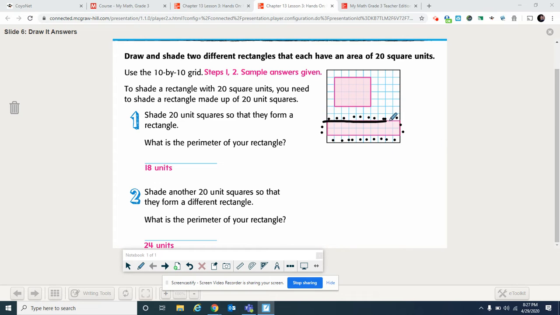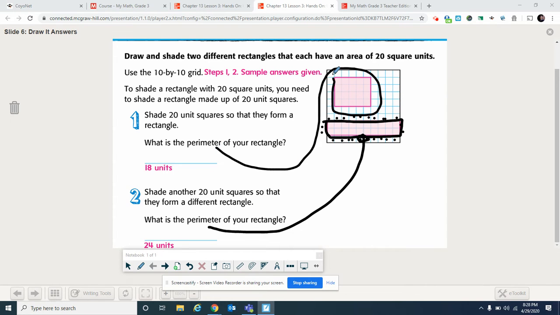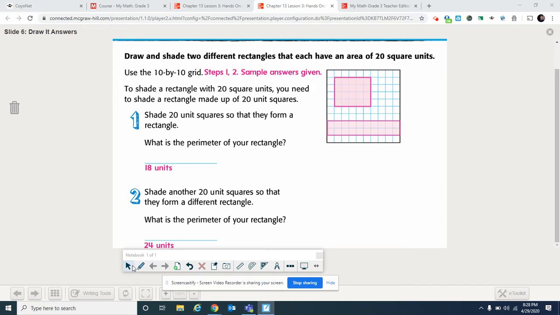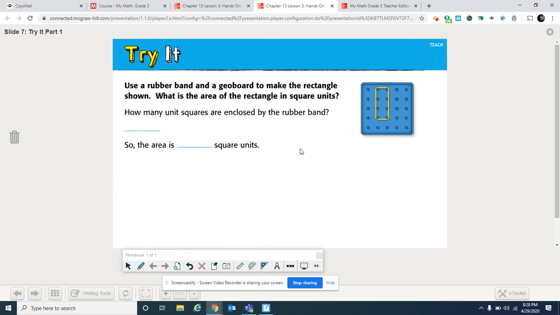So that means the outside of the rectangle. That is the perimeter. The perimeter is the outside of the rectangle. Okay? Did you get it now? Awesome. Good. So let's move on to another example.